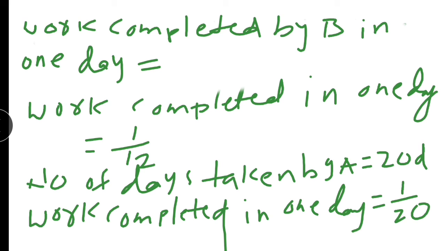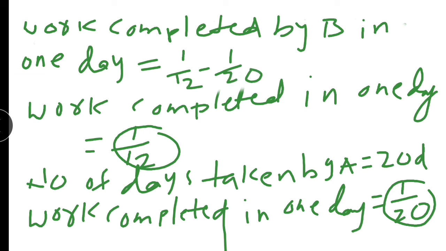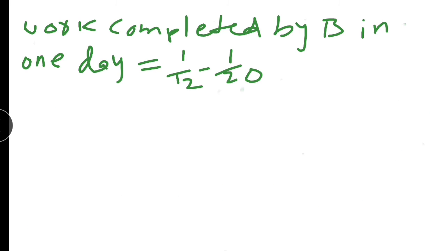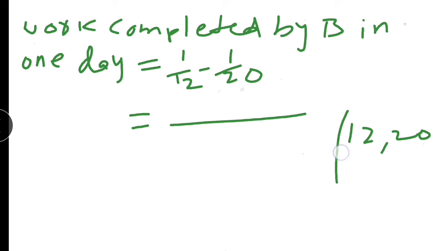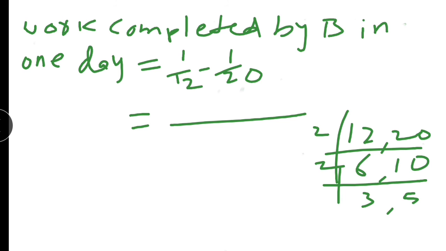Now let's find the work completed by B in 1 day. It is A and B together's work in 1 day, from that subtract A's 1 day's work, so minus 1 by 20. Then you will get the work completed by B in 1 day. So let's find the LCM of 12 and 20. The LCM is 60. 60 in the 12 table is 5 and 60 in the 20 table is 3.